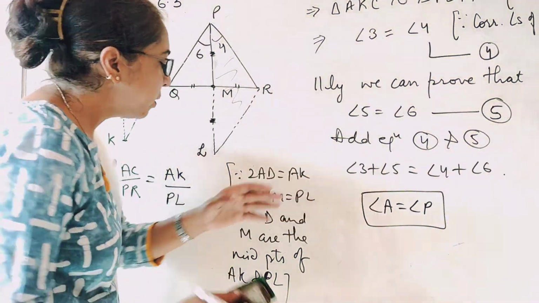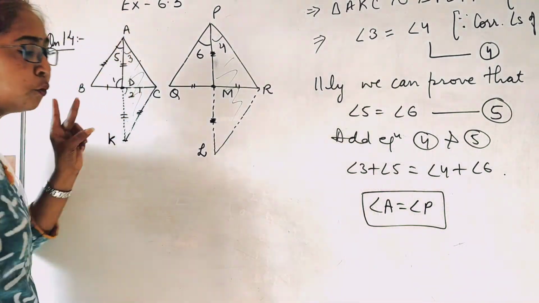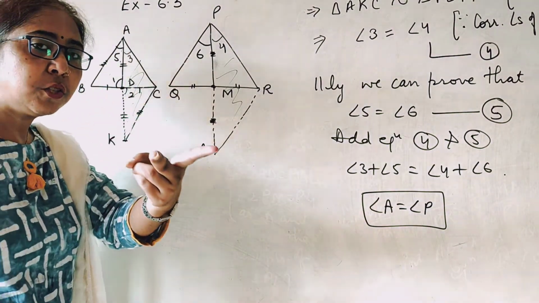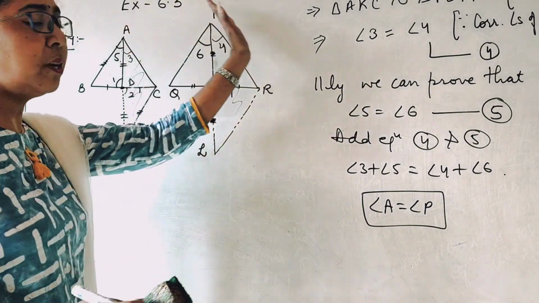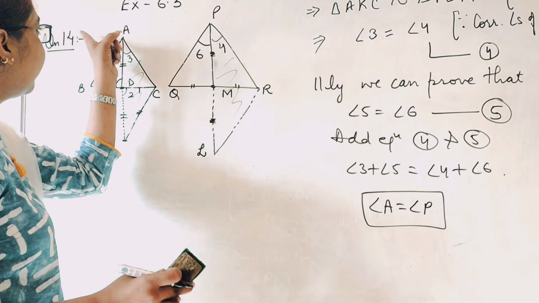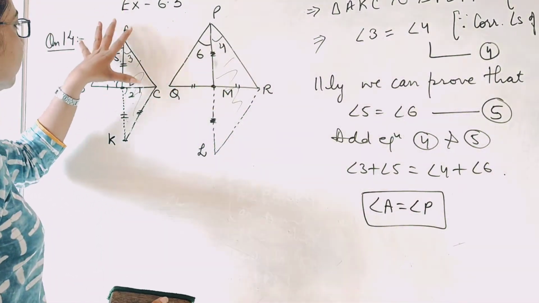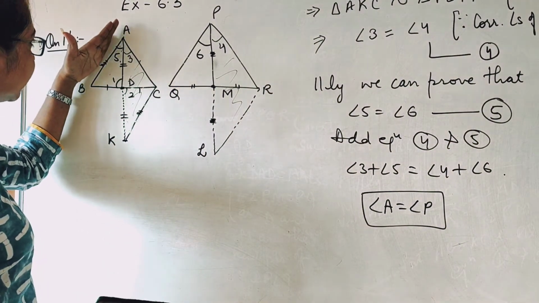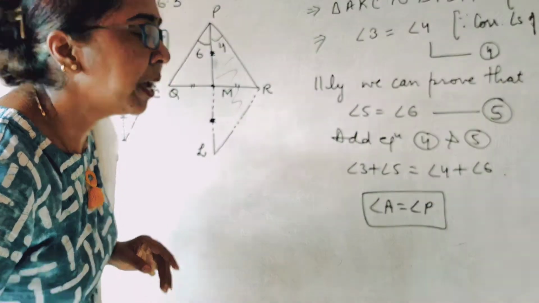Now the question is very, very simple. Because we already have two ratios equal, I told you in the starting that these two ratios are already equal. Now I have made these two angles equal. Now I can apply the SAS rule, and the two triangles are similar.